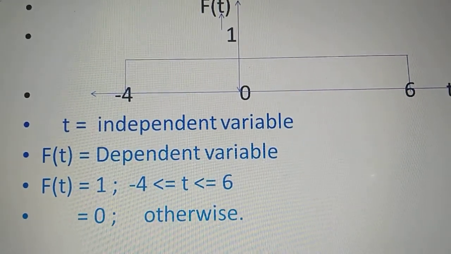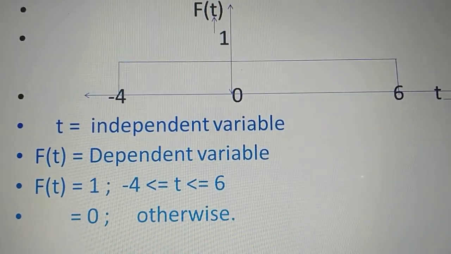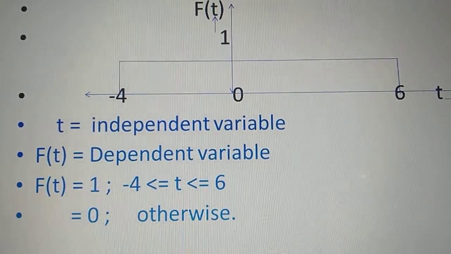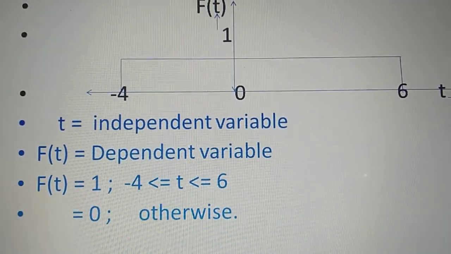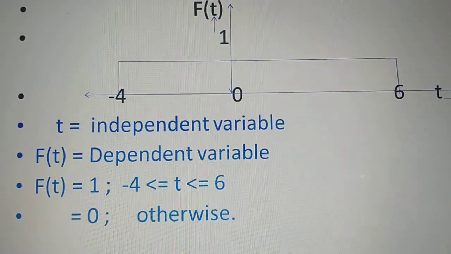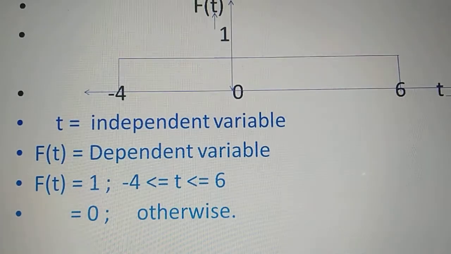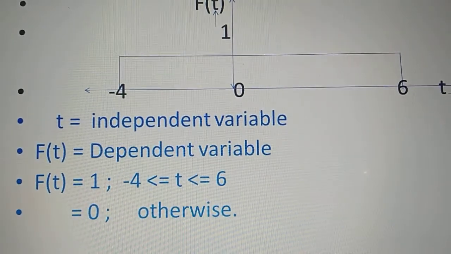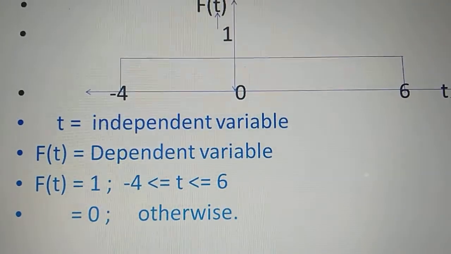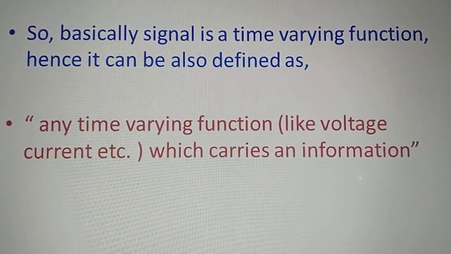gives you a signal equal to 1 in a particular time, when t is greater than or equal to -4 and less than or equal to 6, and the function f of t is equal to 0 otherwise. Fine.